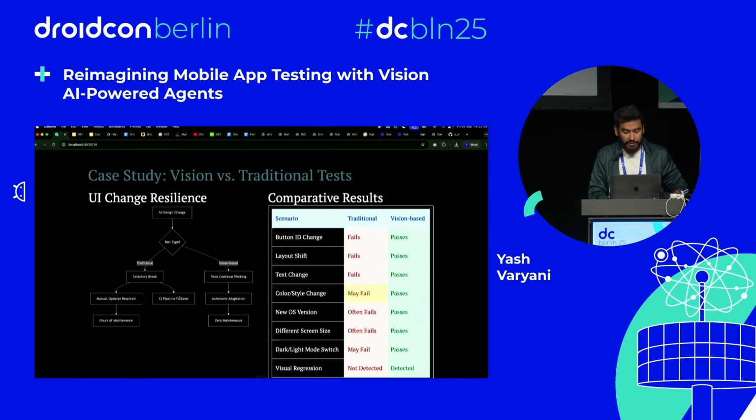Then UI resilience changes. The left-hand side shows the traditional mechanism, and the right-hand side is the vision-based one. Now you are good with button ID changes, layout changes, text changes, and even a new icon being introduced. We were talking at a booth with one of the clients, and they mentioned that they keep adding new experiences, gestures, icons. What VLMs can do is explore it themselves.